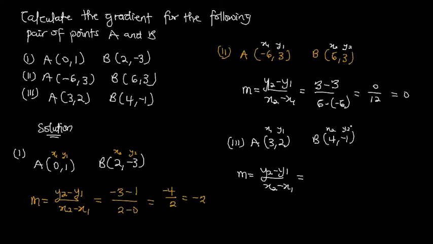So this is equal to, this is my y2, so I have minus 1 minus y1, which is 2, over x2, which is 4, minus x1, which is 3. So I have here minus 1 minus 2 will give me minus 3, 4 minus 3 will give me 1, so this is equal to minus 3. So therefore my gradient for the third example is minus 3.